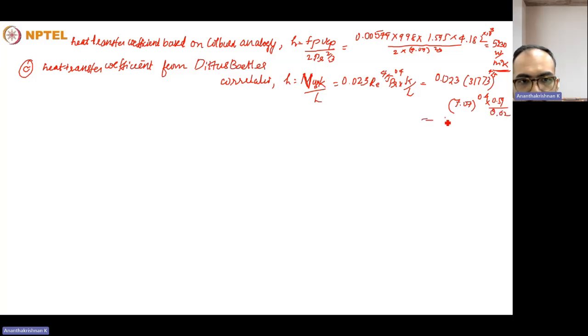We get the value as 5930 watt per meter square Kelvin, which is in the ballpark of the heat transfer coefficient that we obtained from the Colburn analogy. The heat transfer coefficient from the Colburn analogy is 12% lower than that of the Dittus-Boelter correlation.